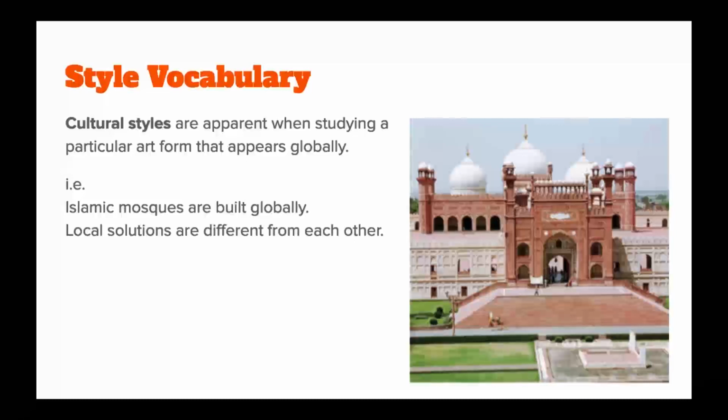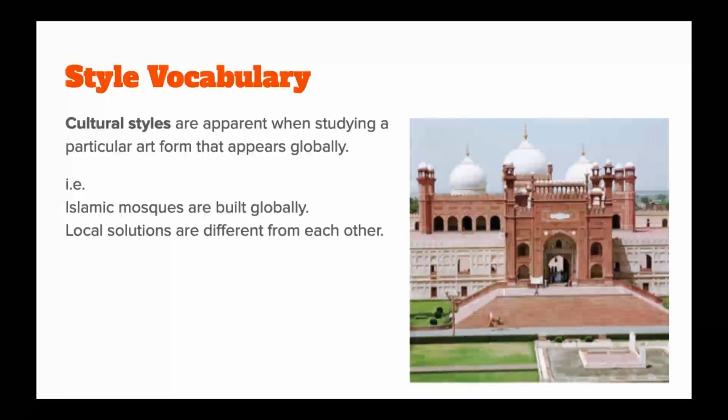One way we can see this happening is through Islamic mosques. Islamic mosques are built the way it is described in the Quran. They all have the same chambers and the same structures. They have basically what is supposed to be a mosque. But each culture takes it a little bit differently.